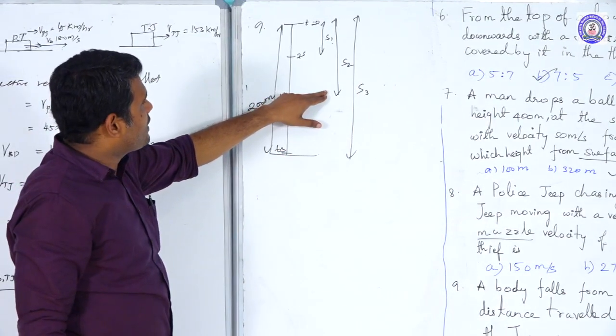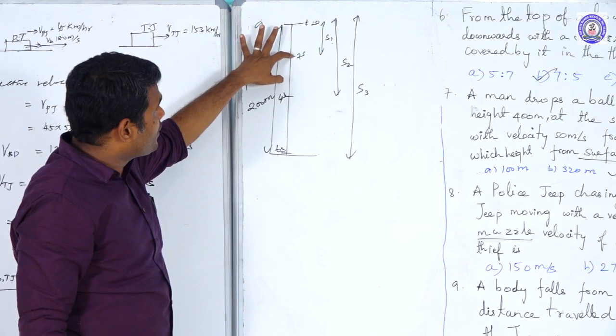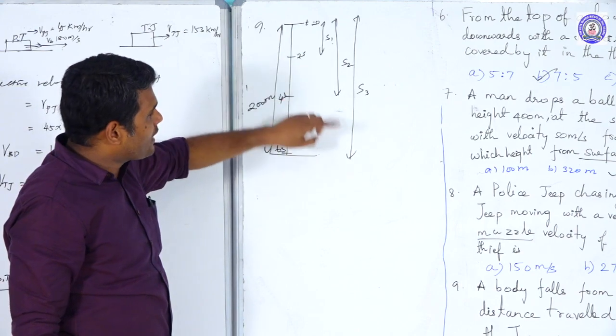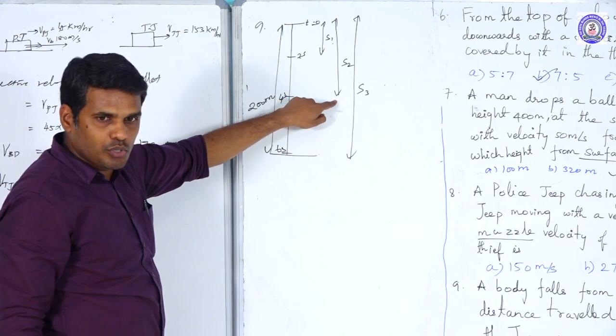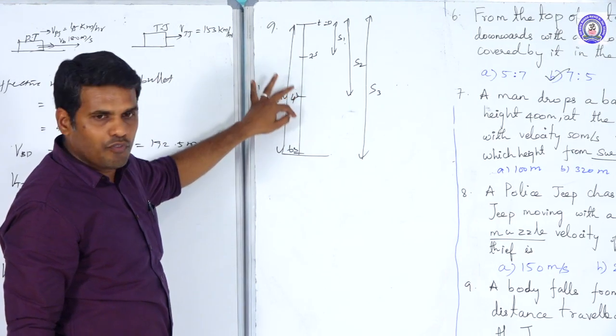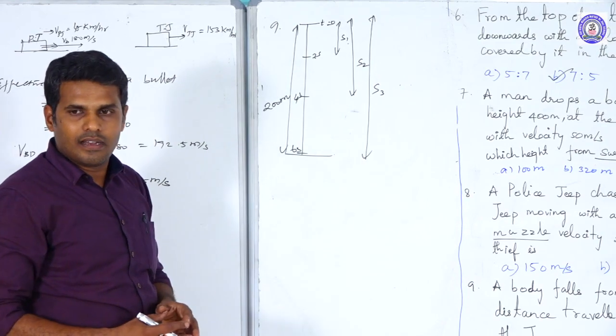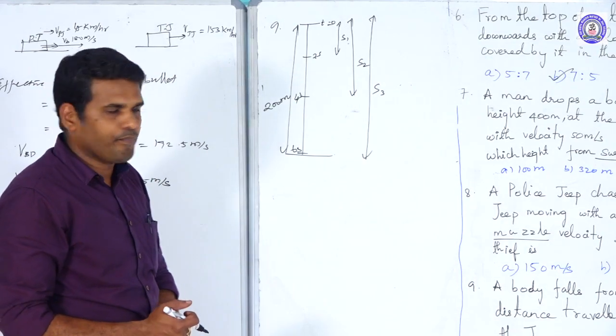Now, if I take the difference between S2 and S1, I will get the distance traveled between 2 seconds and 4 seconds. If I take the difference between S3 and S2, I will get the distance traveled between 6 seconds and 4 seconds, right? So in this way, I can take the ratio of the distance traveled in the journey.